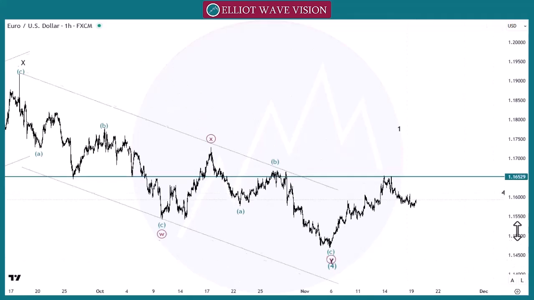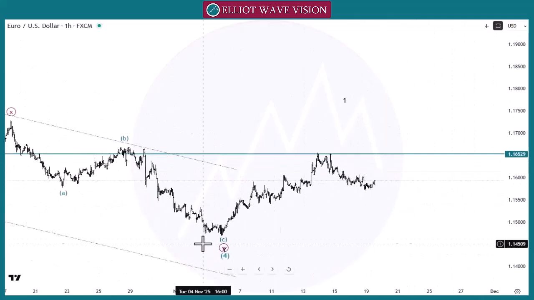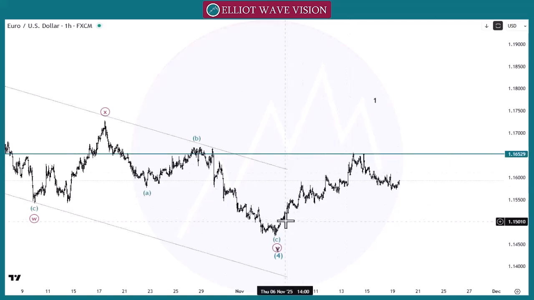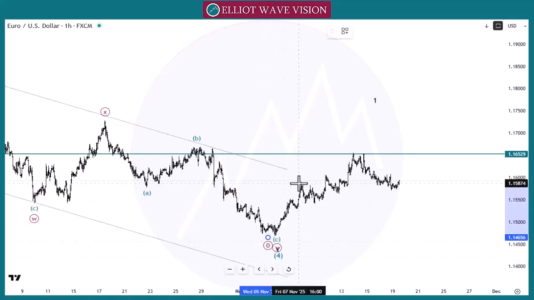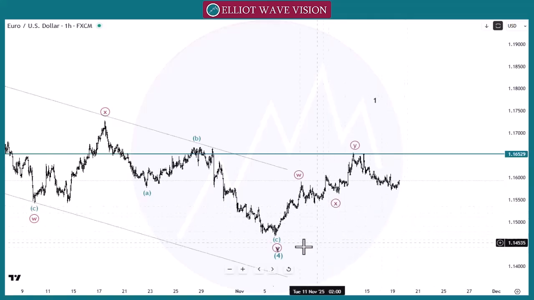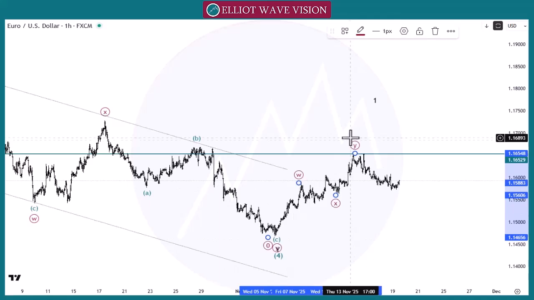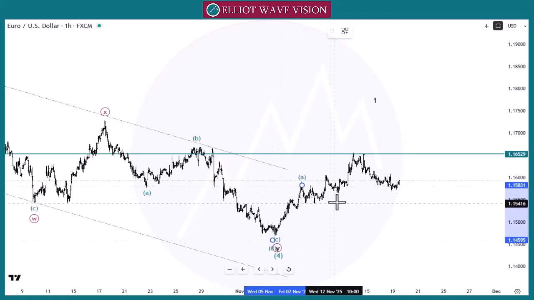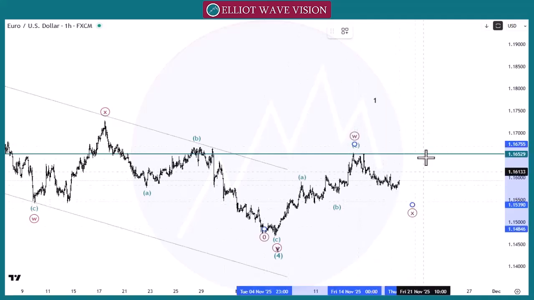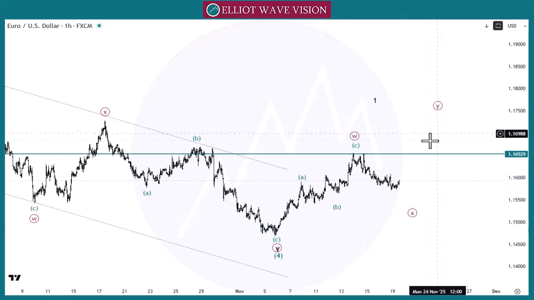Now there are two possibilities: this is wave 1, 2, 1, 2, 3, 4, 5 towards the bullish side, or we count this move like WXY, more easily A, B, C, W, X, A, B, C, or A, B and C, Y. Then we count this whole move like wave A, wave B, wave C, then we count it as W, X, and then the market goes towards the Y. That's also possible.